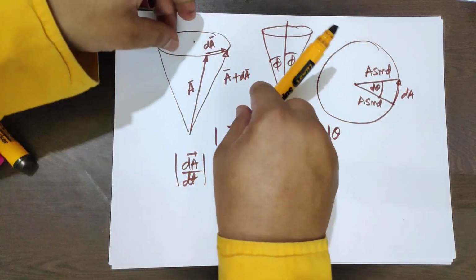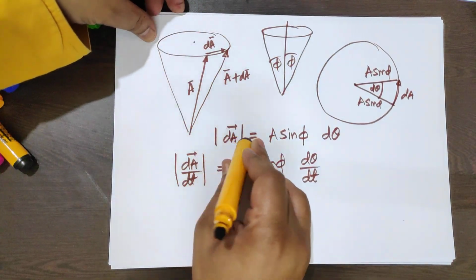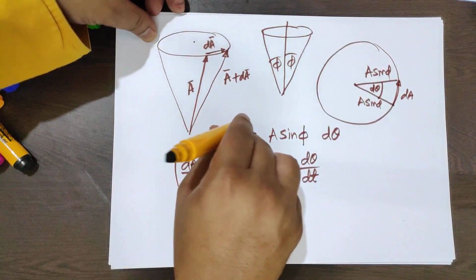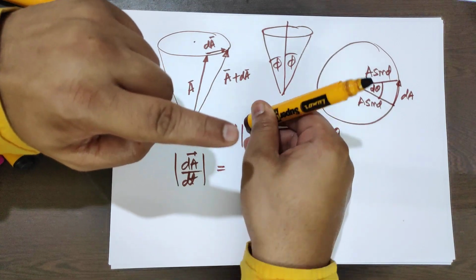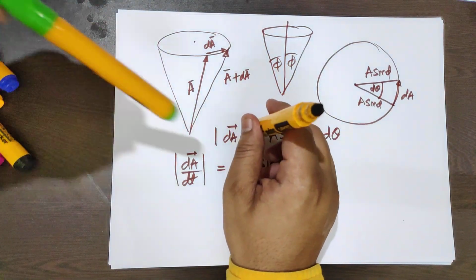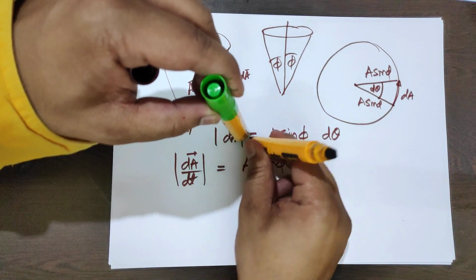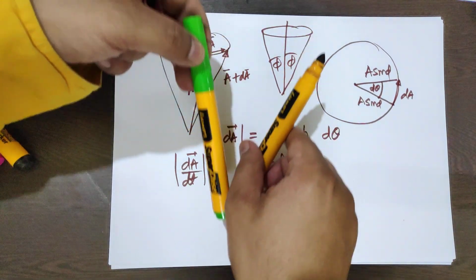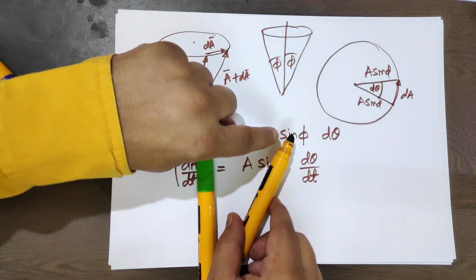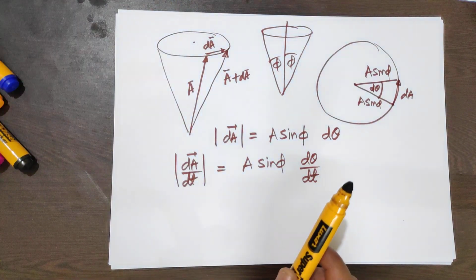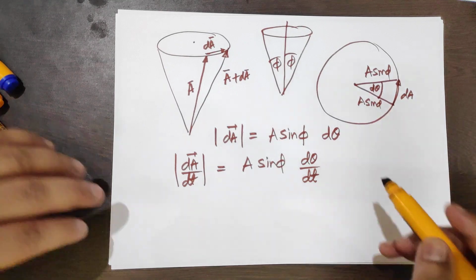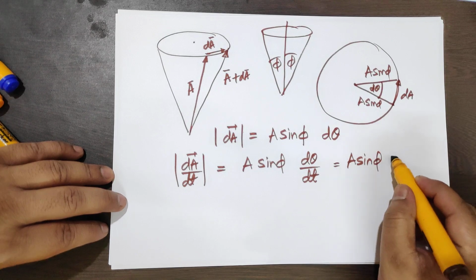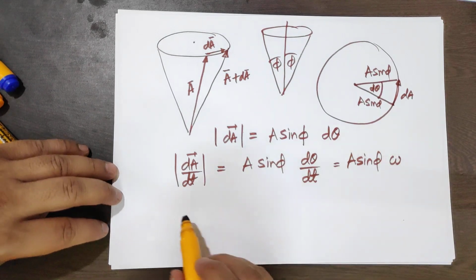This vector A from the ground frame rotates like this, so we are looking at the top view. This is the center, this is the axis of the cone, and it rotates like this. Obviously this length is A sine phi, so you can write A sine phi omega.